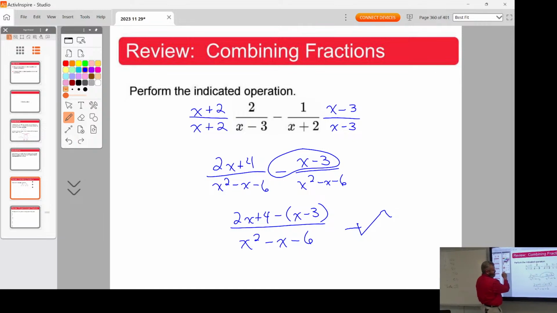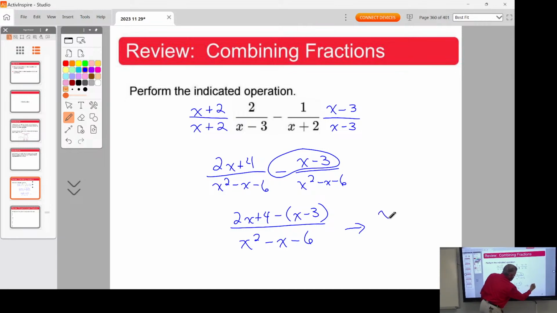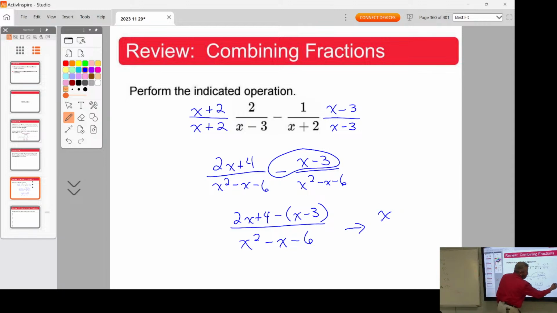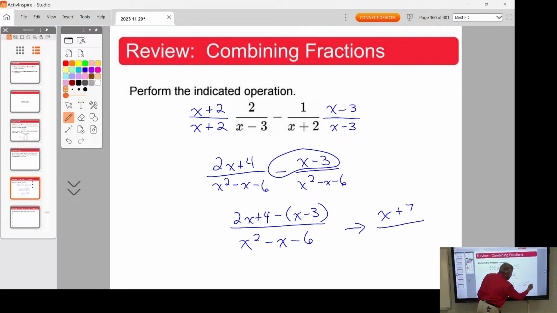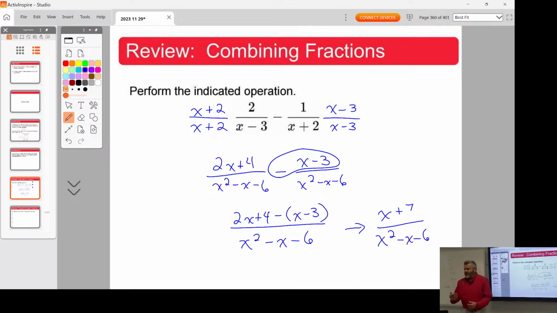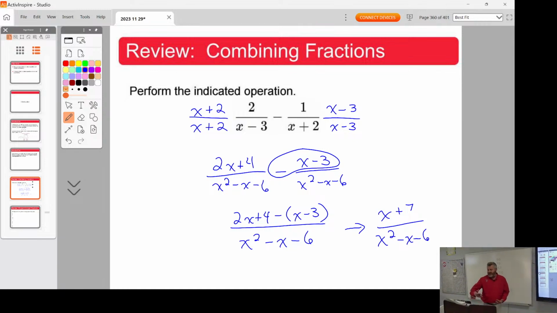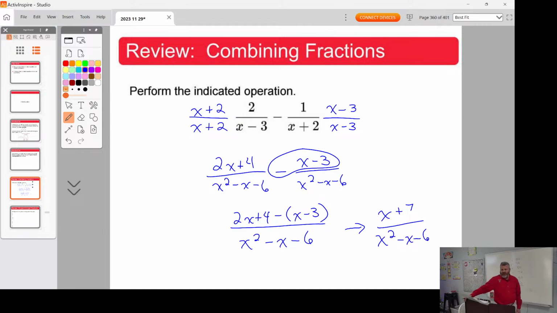Nice. Four minus negative 3 is 7, so x plus 7 over x squared minus x minus 6, which is what we knew it was going to be because that's the problem we started with. Questions on that?